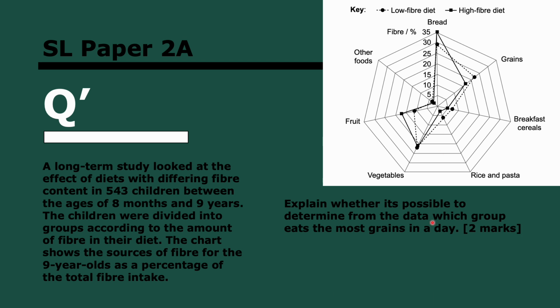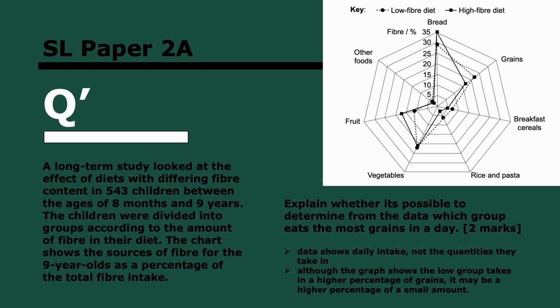Okay, explain whether it's possible to determine from the data which group eats the most grains in a day. Careful, because this is tricky. 3, 2, and 1. Okay, so when it's saying which group eats the most grains in a day, you need to realize what the data is showing you, and that's showing you daily intake as a percentage.